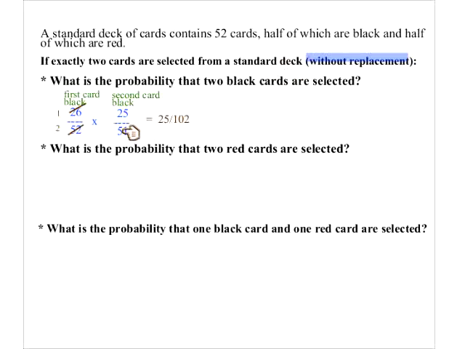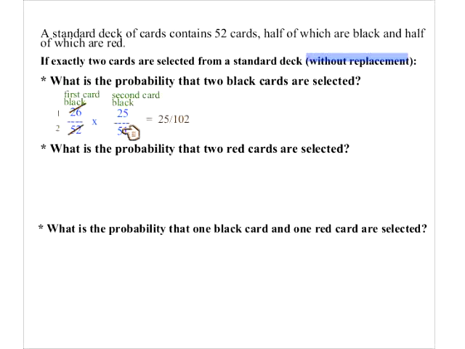If you added these probabilities together, that wouldn't make sense because you'd be saying that it would be more likely to have both of them black than just to have the first one black. That would be a non-reasonable answer. So make sure you develop it from both angles: from the angle of what kinds of numbers are reasonable, but also make sure you know these 2 rules, the and rule and the or rule.